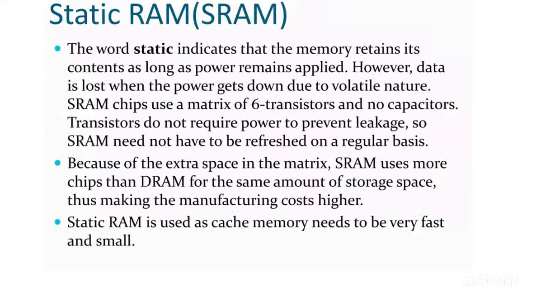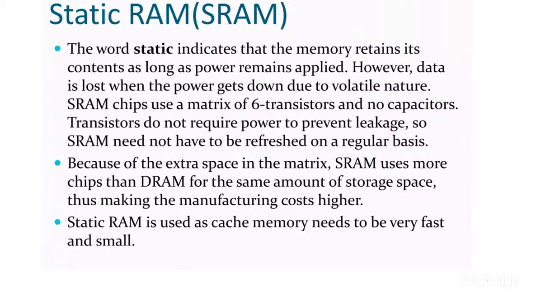Now coming to static RAMs, the word static indicates that the memory retains its contents as long as power remains applied. However, data is lost when the power goes down due to its volatile nature. SRAM chips use a matrix of 6 transistors and no capacitors.